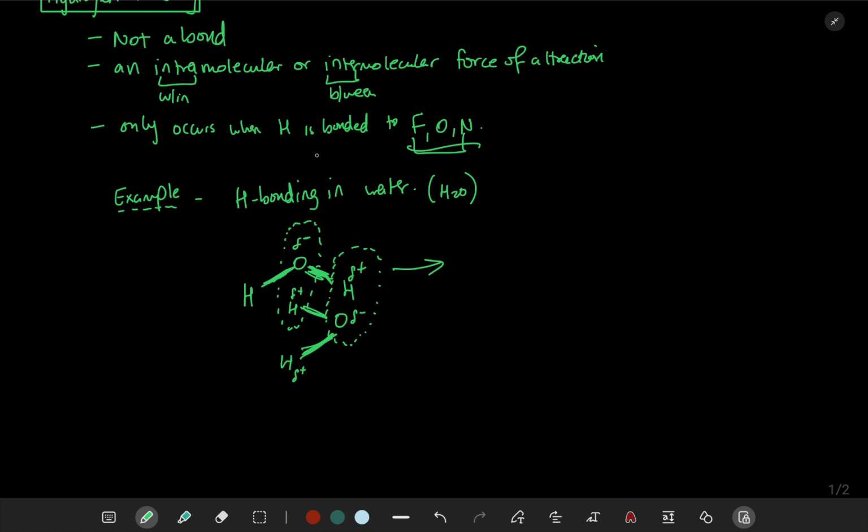So we said it only occurs when hydrogen is bonded to these via a polar covalent bond, right? So why is this? Let's first answer why does it have to be a polar covalent bond, right? Why can't it be a nonpolar covalent or an ionic bond or whatever, right?